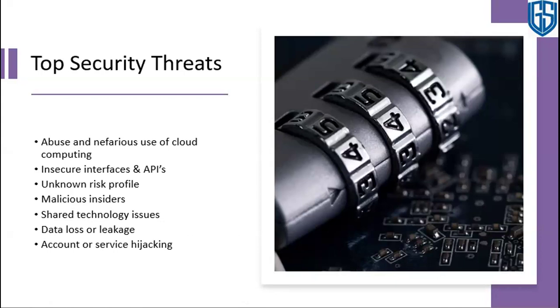That is a huge data loss. Data leakage refers to data that you do not want your other users to see, but they have got access, or maybe it is open and one can use it. That is called data leakage. That can happen in the cloud also, like data loss.